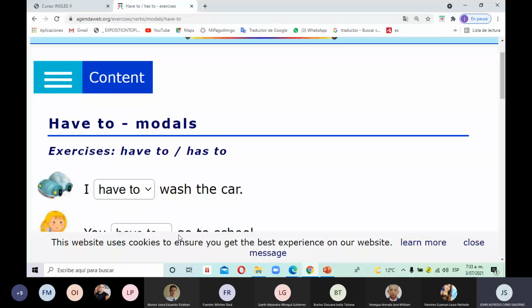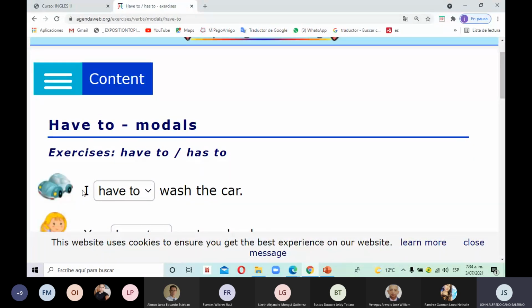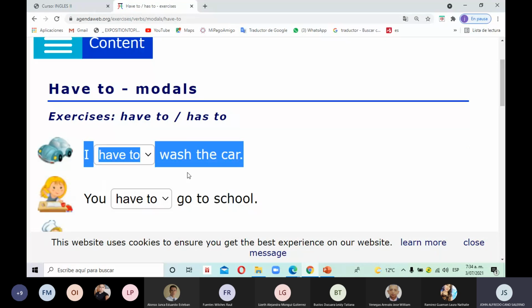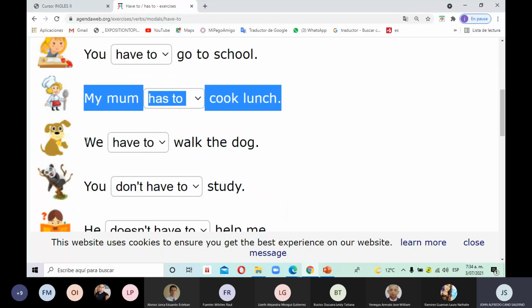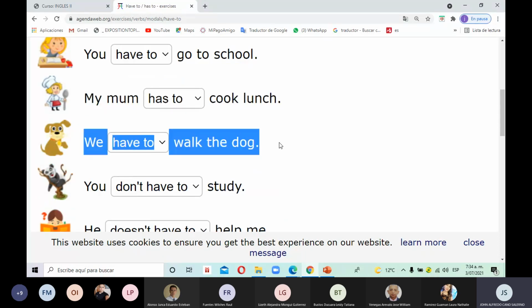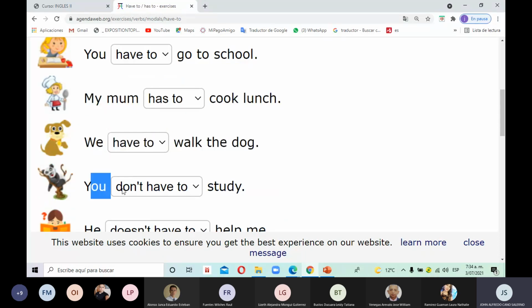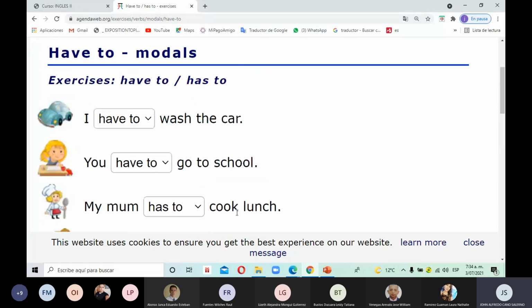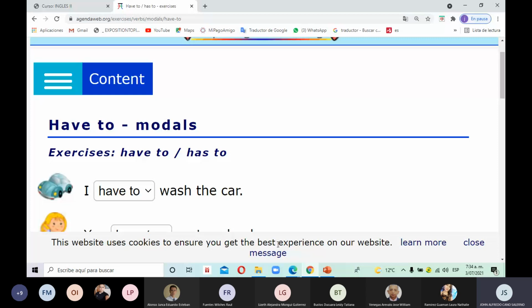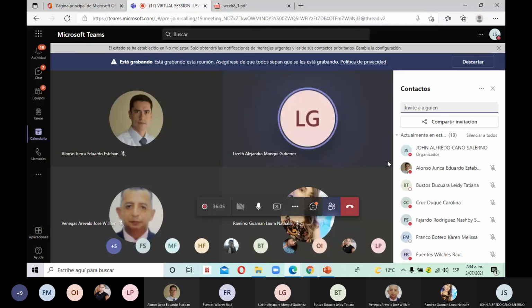Very easy. So if you want to practice pronunciation, don't forget that you have to raise your virtual hand. Si quieren practicar pronunciación de estas frases, levanten su manito virtual and I'm going to correct your pronunciation. Okay?